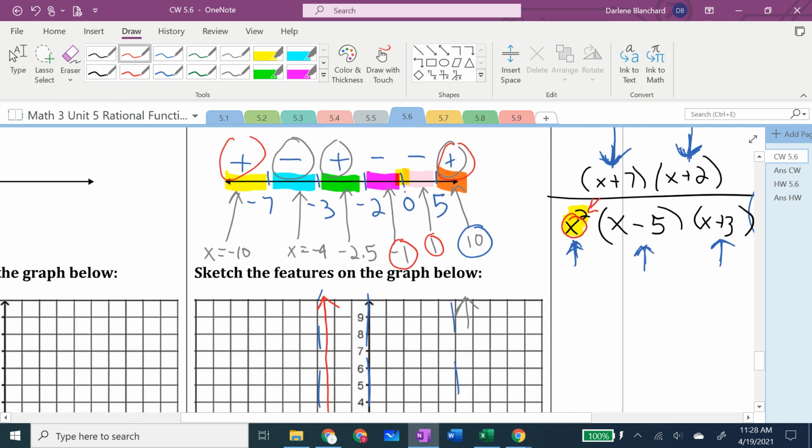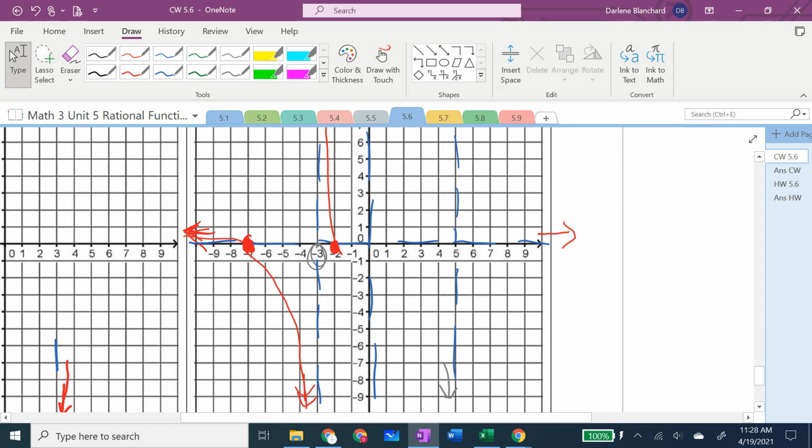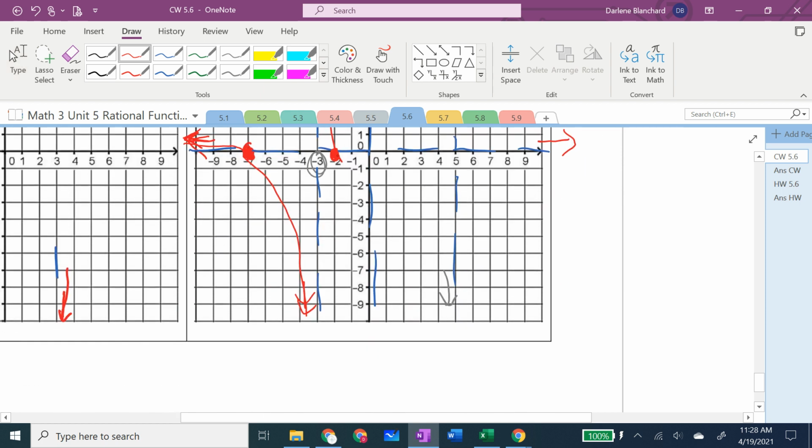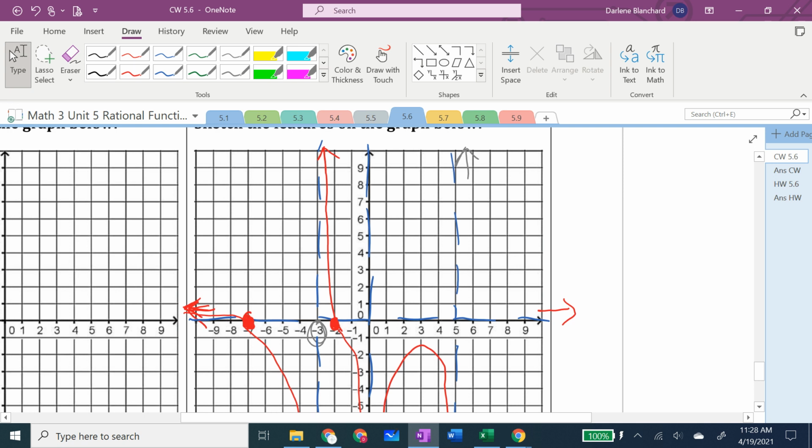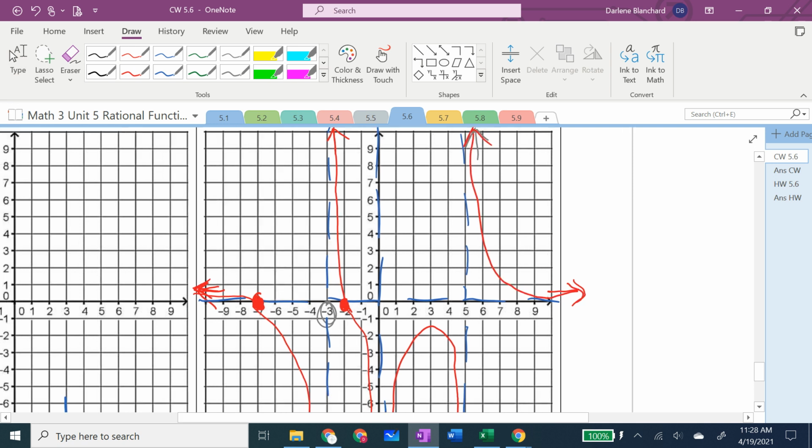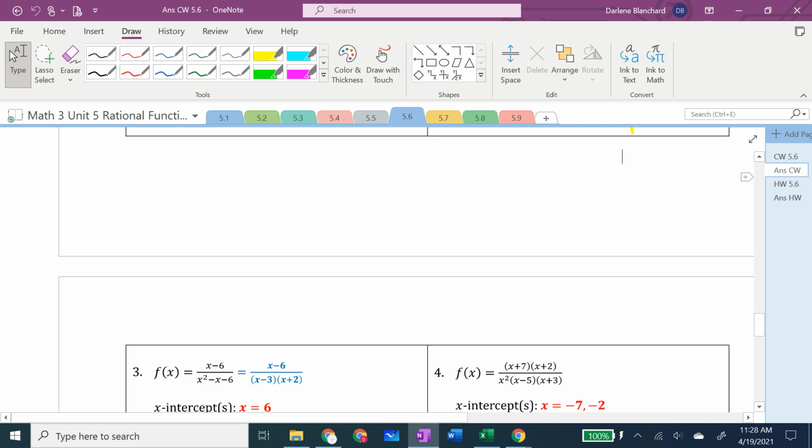For my 0 asymptote, I am negative and negative again. And then I don't know how high up I go. I'm not concerned about that in this class. I have to follow these asymptotes, and I've got to call it a day on this.